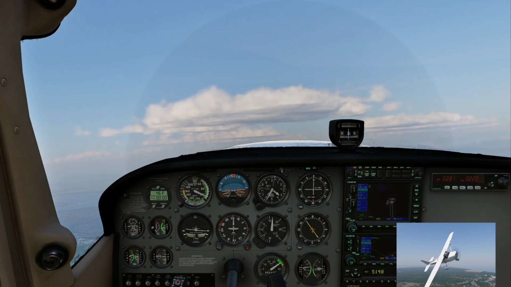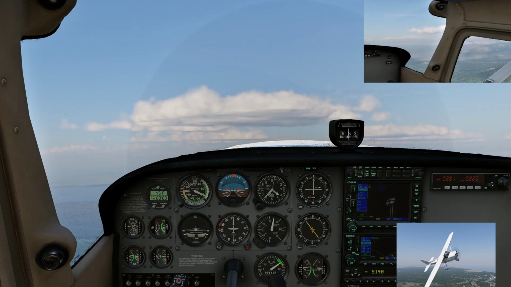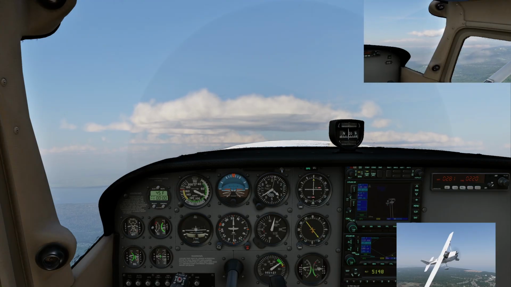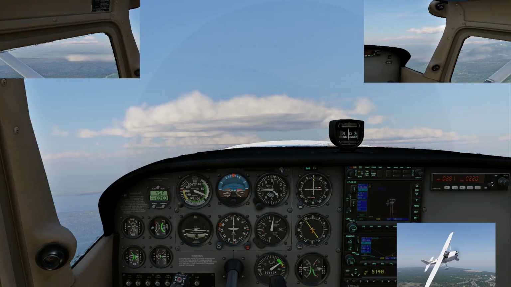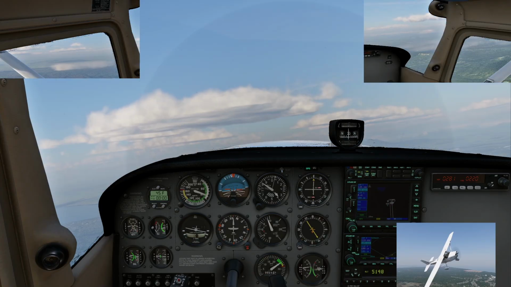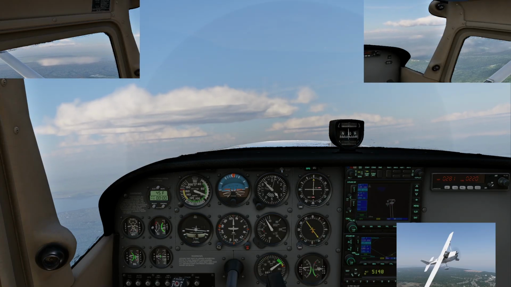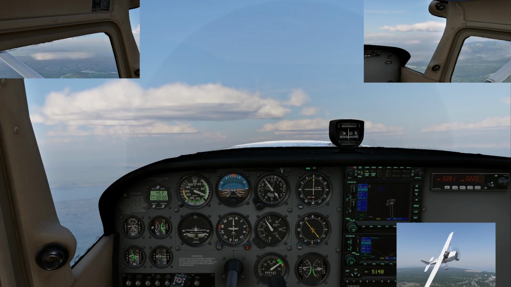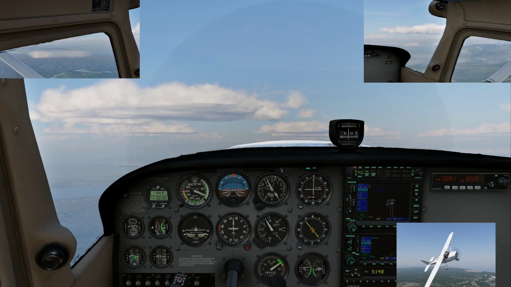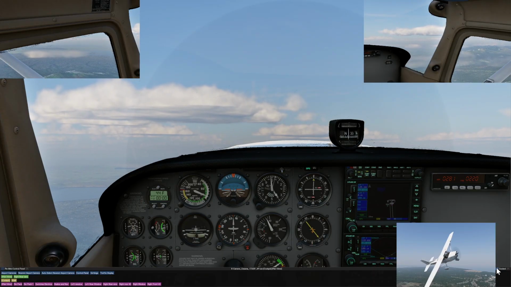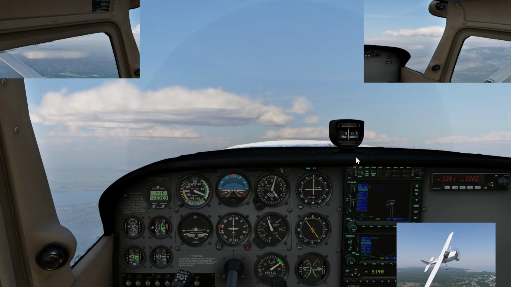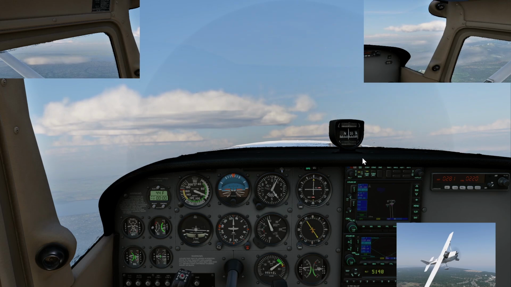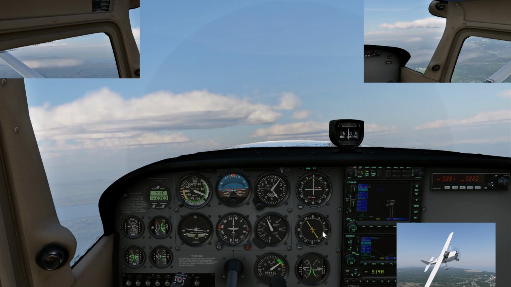I'll put some left and right scenes up for a bit. We can enjoy the X-Plane haze. We are tracking outbound, so we'll be looking at the tail of the ADF pointer. In front of us, as you see here.